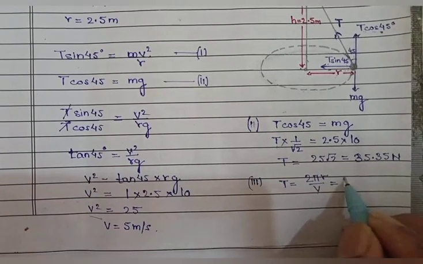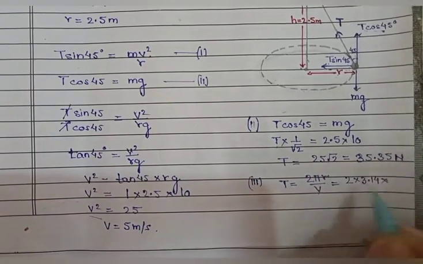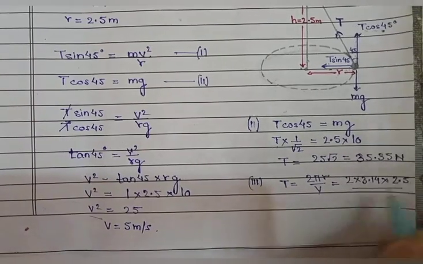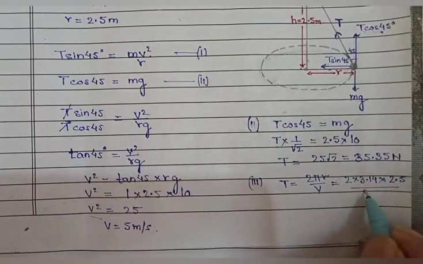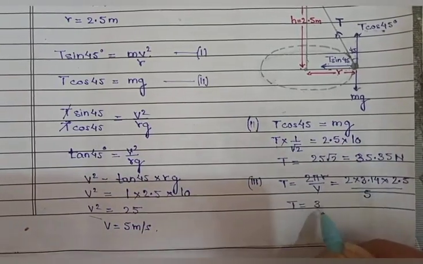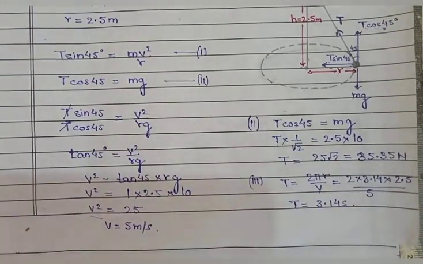So we have 2 into 3.14, radius is 2.5, and v we have got as 5. If you solve it, then the time period is coming 3.14 seconds. This is clear to you now?